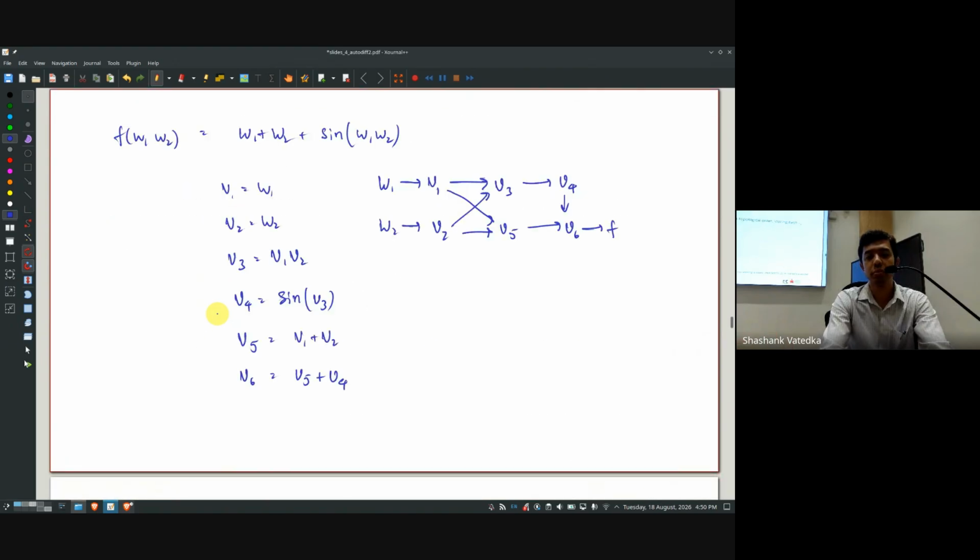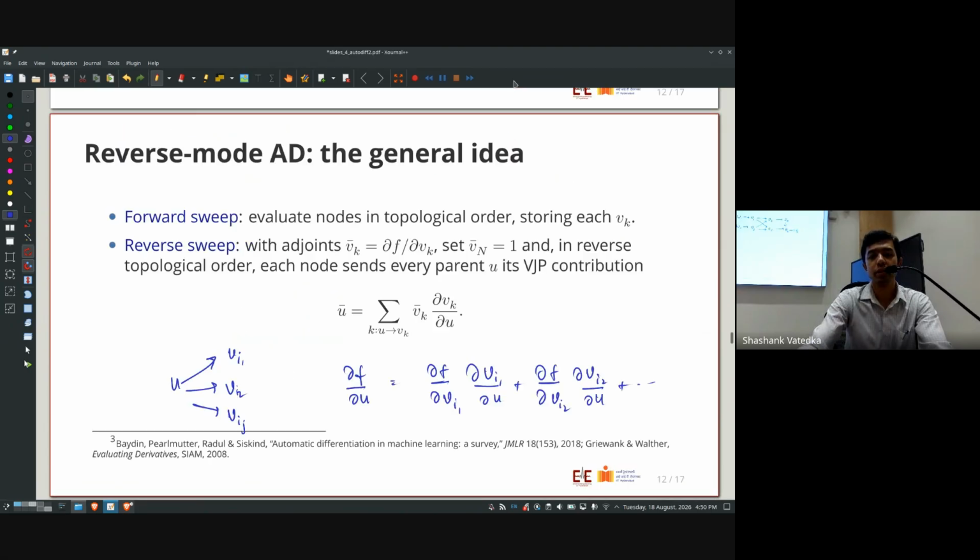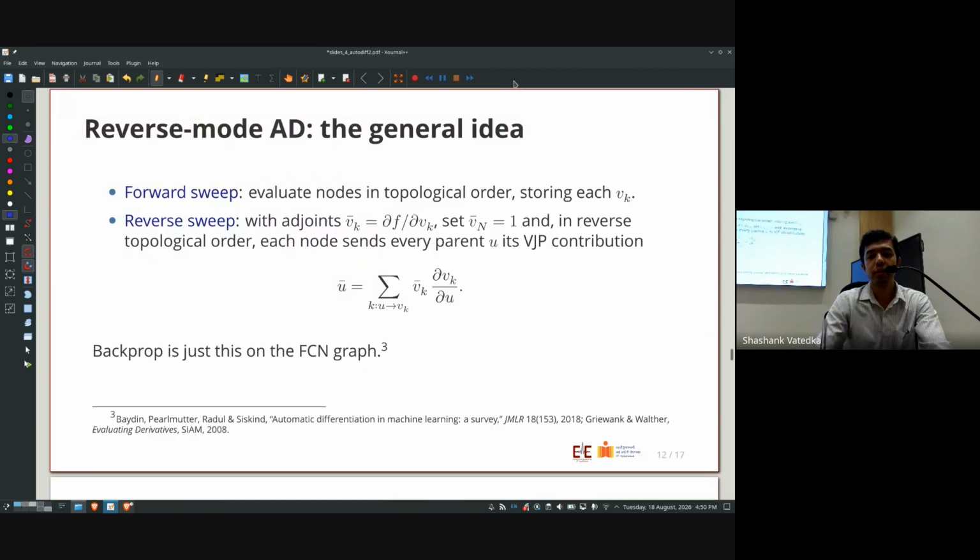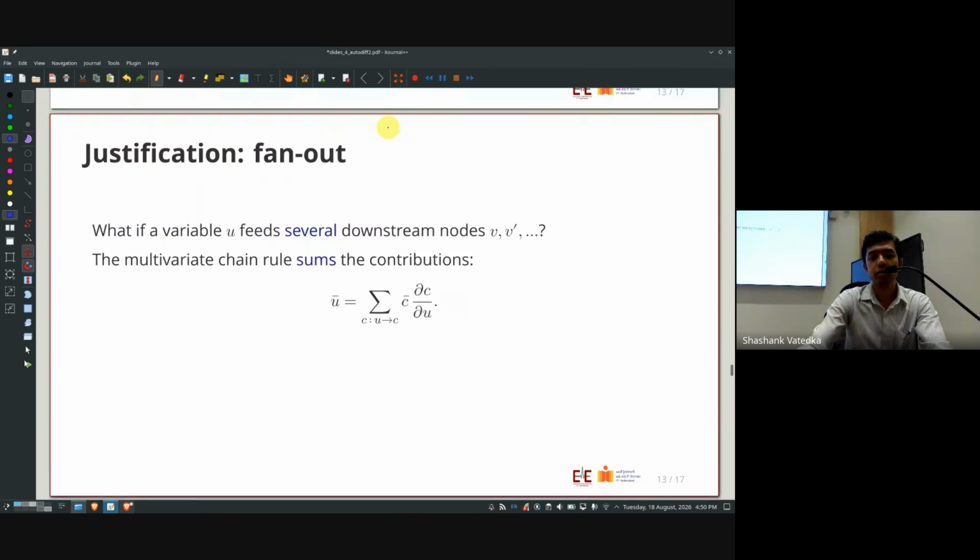Even in this toy example, you have this vertex having two children. The claim is that u bar is simply equal to the sum over all possible children of child bar, the partial derivative of the function with respect to that child node, times the partial derivative of that child node with respect to u.